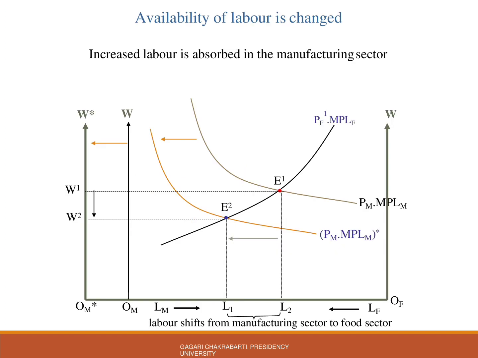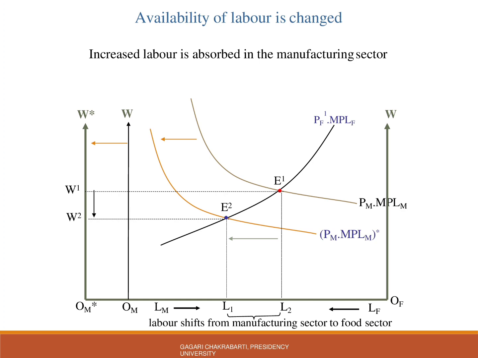Now we consider if the availability of labor is changed. Now when the availability of labor changes, then the increased labor may go to either the manufacturing sector, or it may go to the food sector, or it may be distributed equally or unequally between the two sectors. So here we are considering only one case where the increased labor is going to the manufacturing sector.